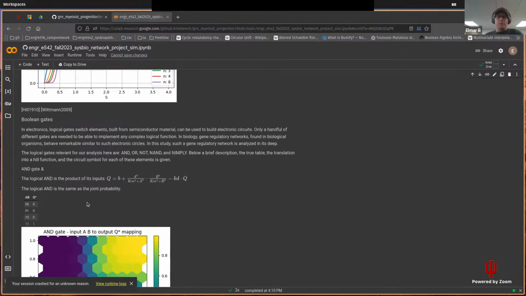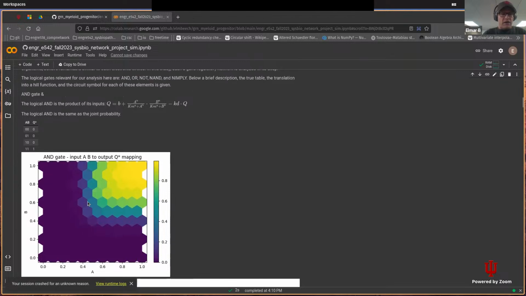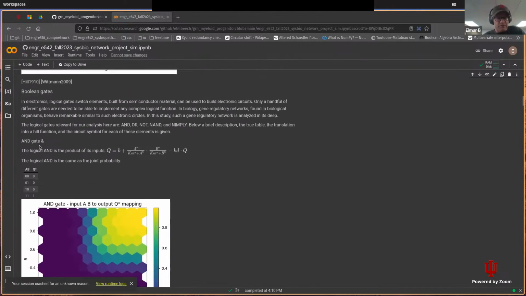So now I come to the part that I think the people here are not that familiar with, and these are the Boolean gates. As discussed before, we looked at the AND gate, and the AND gate means if gene A is on and gene B is on, then the gene Q will be on. But if one of them is off, then it will be off as well.